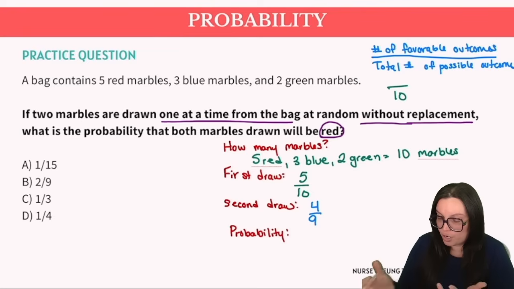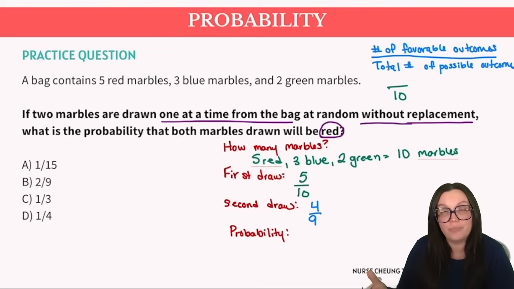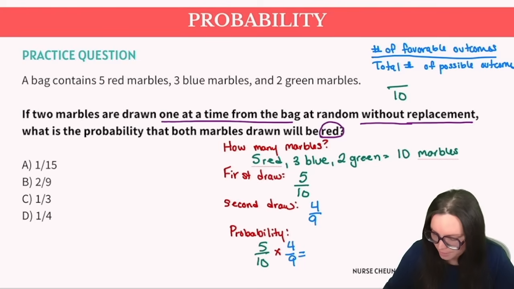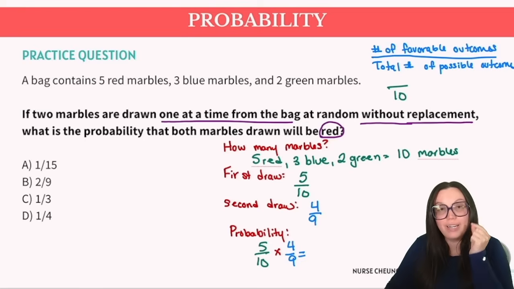So based on our 2 drawings, our first should be 5 out of 10 and our second should be 4 out of 9. Now we are going to multiply these 2 possibilities together. We know that we have 5 out of 10. We are going to multiply that by 4 over 9 because we have the word and.